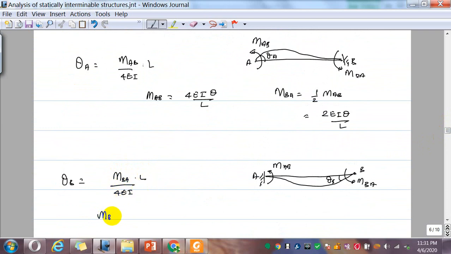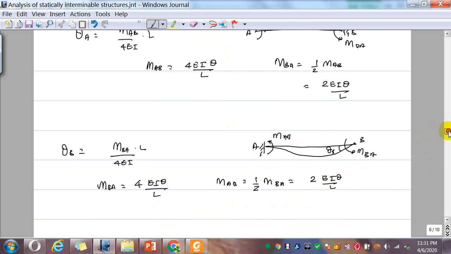If I rearrange this, it becomes MBA is equal to 4EI theta over L, and MAB is half of MBA, that is 2EI theta over L.